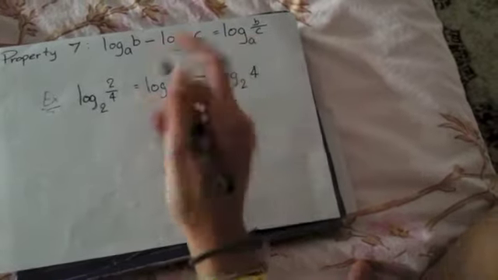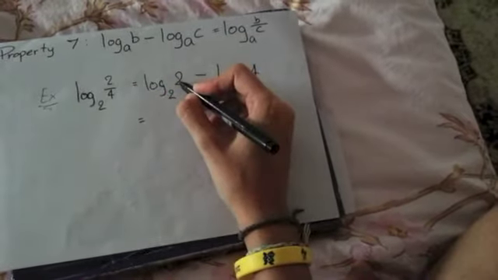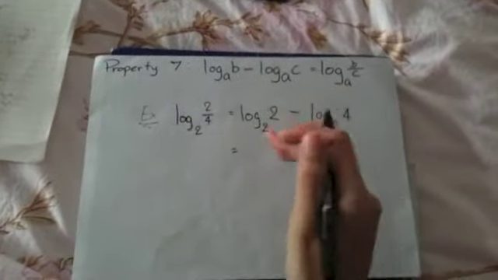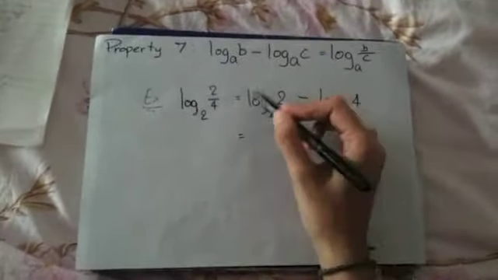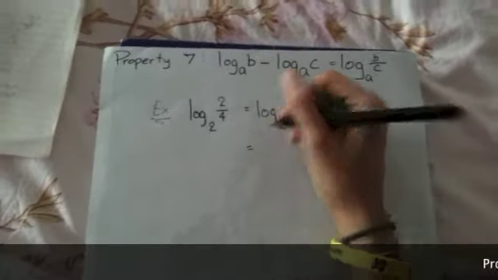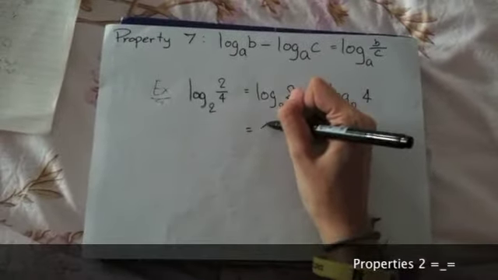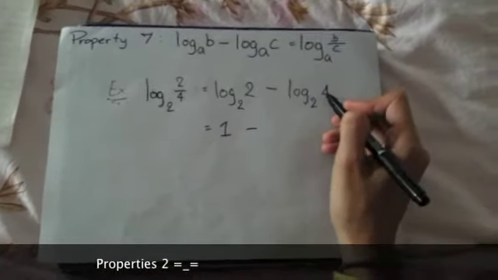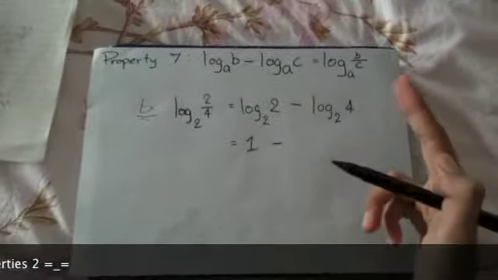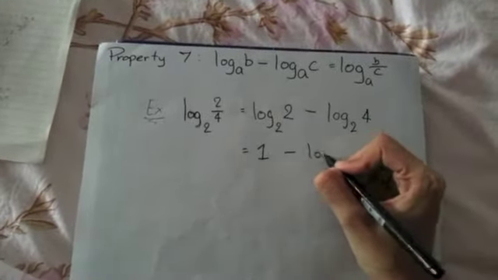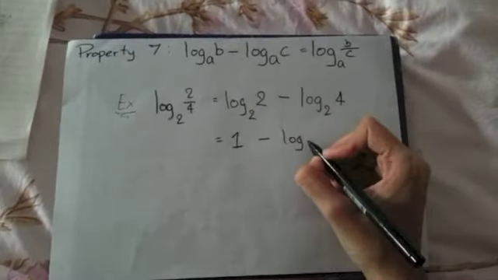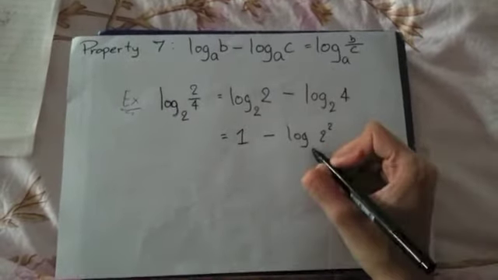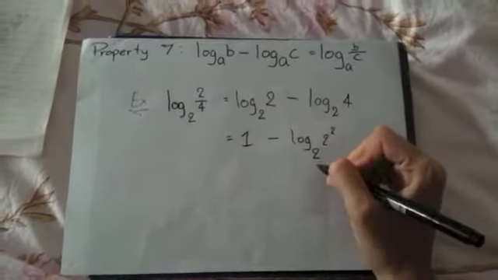So from this you can solve. If the number is the same as the base, it's gonna be 1, as you have learned in property something. 1 minus this, for 4 you can separate it. It's gonna be log 2 to the power of 2, which is 4, in base 2. Pull it down.